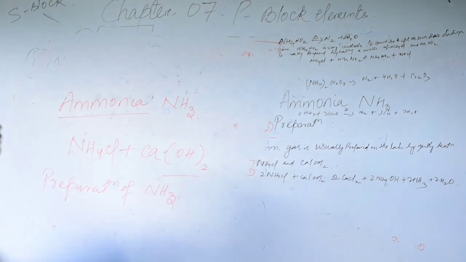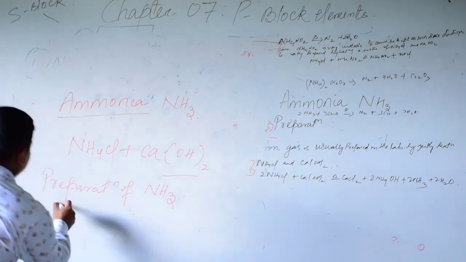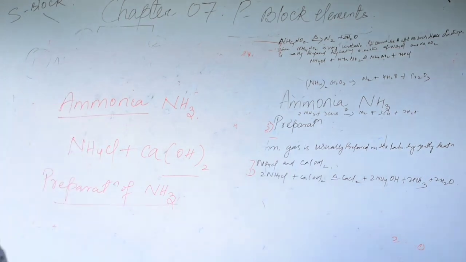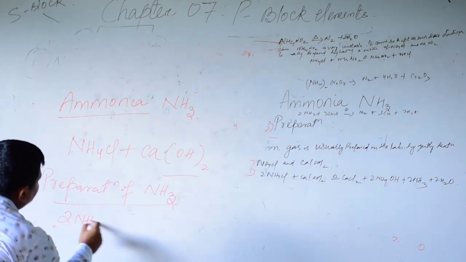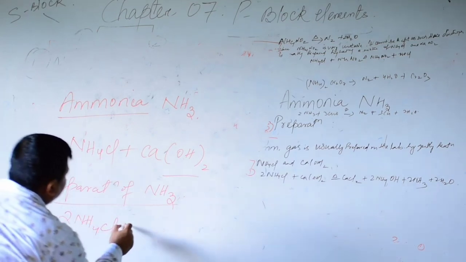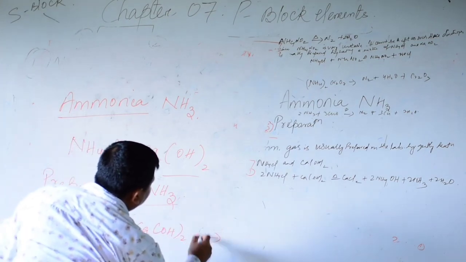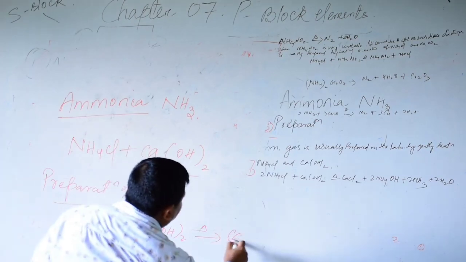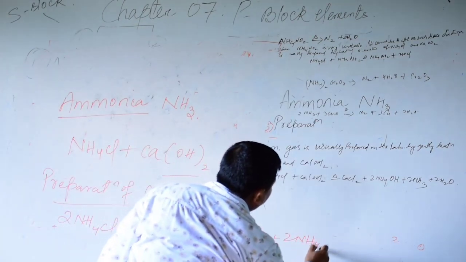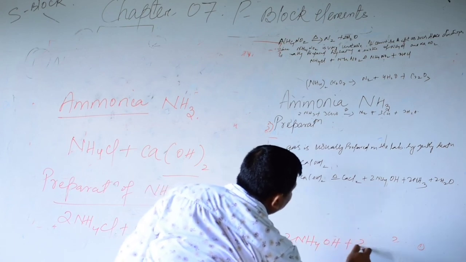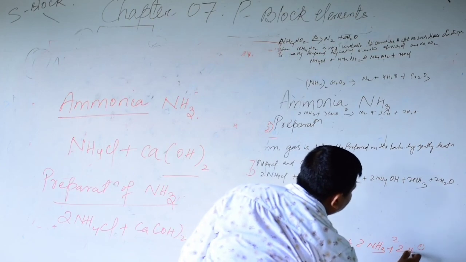So as I told you, ammonia gas is usually prepared in the laboratory. So over here I will only show the chemical reaction. I will take 2NH4Cl, ammonium chloride, plus calcium hydroxide, then decomposes to CaCl2, calcium chloride, 2NH4OH plus 2NH3 plus 2H2.